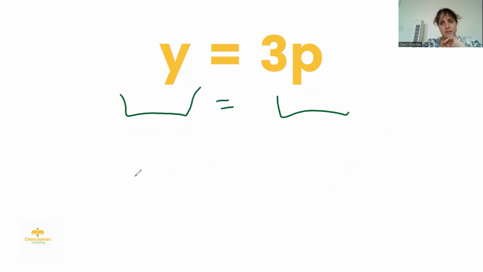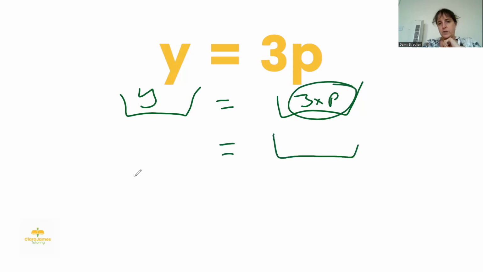So we want the p by itself. So we've got y here and 3 times p here. So this time, instead of dividing by p, what we'll do is divide by 3. So that means we'd have y over here. And now we've just got 1p here. And that's affected the sides.